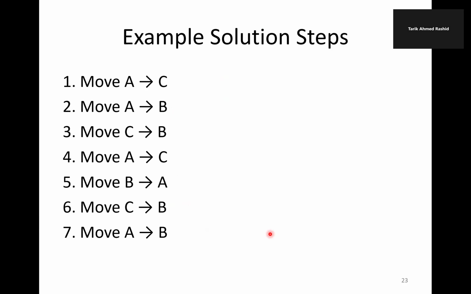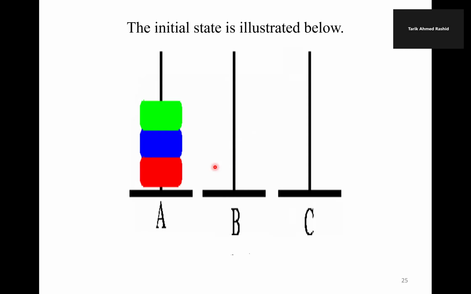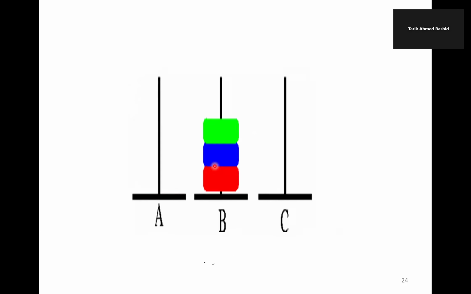Now here is an example solution. One possible solution: move A to C, move A to B, move C to B, and you might go through some more moves until you find the solution. That's the initial state. For example, this is the initial state and this is the goal state.